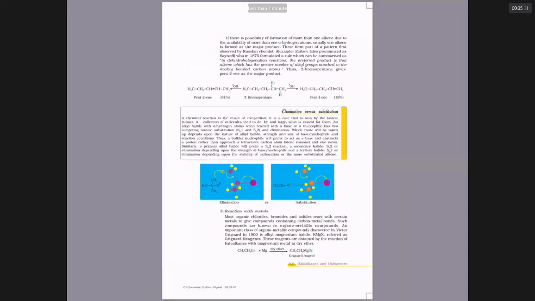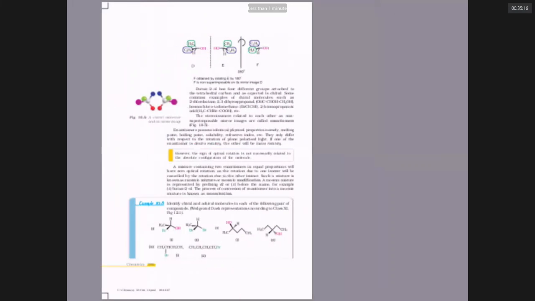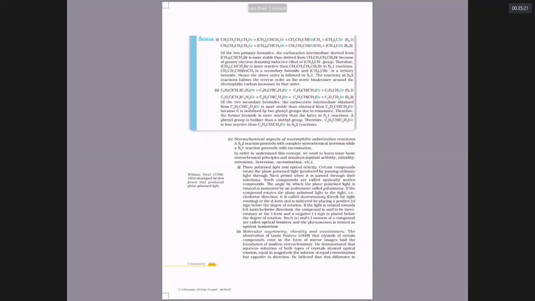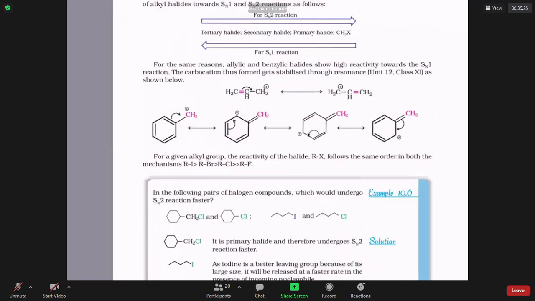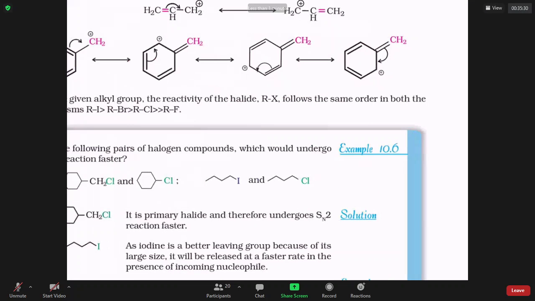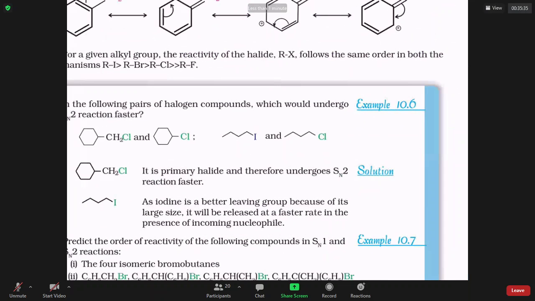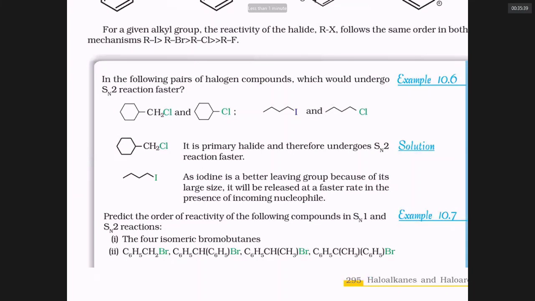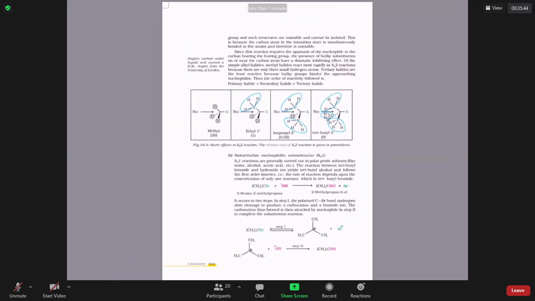Sir, in the boiling point part, sir. Boiling points of alkanes. There only that question. Not this one, sir. The in-text question. Is it here, 10.6, 10.7? No, sir, not this one. That red one, the in-text question is there, no, sir. Little more back side, more backward. Okay, I will find it.